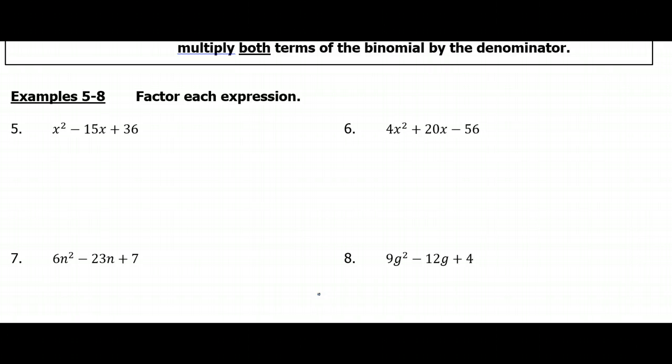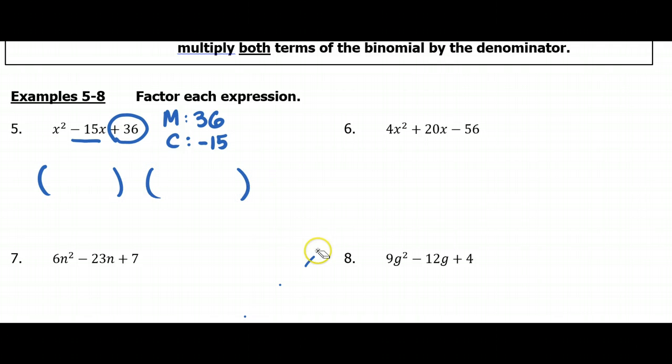Since there's no GCF, I'm going to think of factors of 36, numbers that multiply to get 36 that also combine to get negative 15. So the first thing you want to think of is your signs.